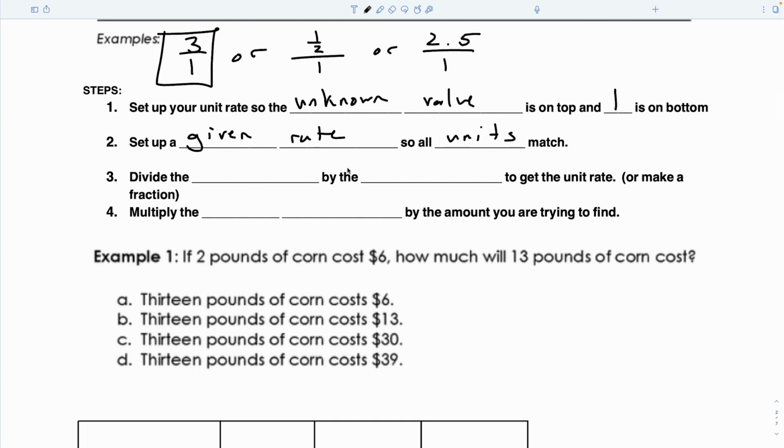Divide the numerator by the denominator, top by the bottom, to get the unit rate. Then you're going to multiply the unit rate by the amount you're trying to find.